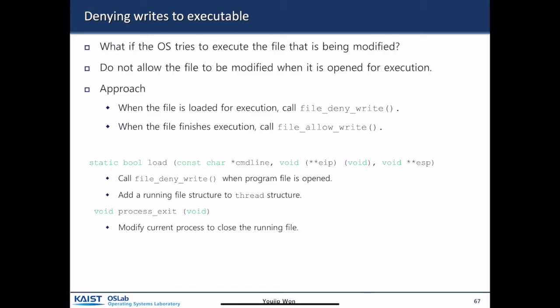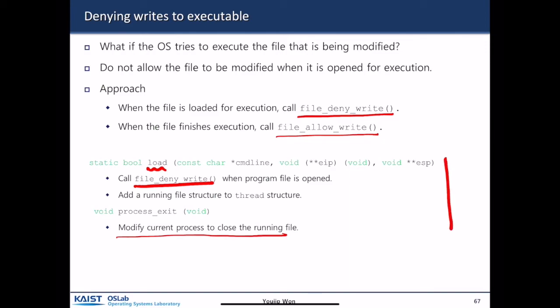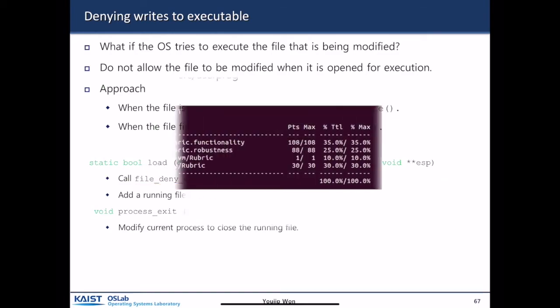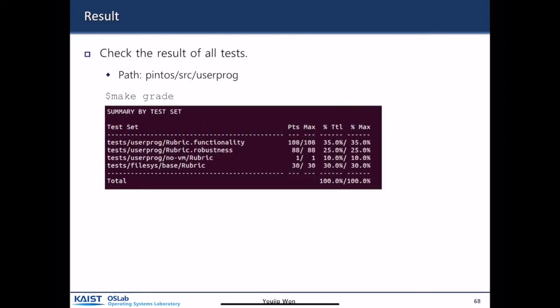When a file finishes execution, call file_allow_write. So at the beginning and end of loading the executable, you call file_deny_write. When the process exits, you call file_allow_write. Using this approach, you can simply enable Pintos to deny writes to the executable file. Once you completely implement all these features, then you will be able to pass the tests.